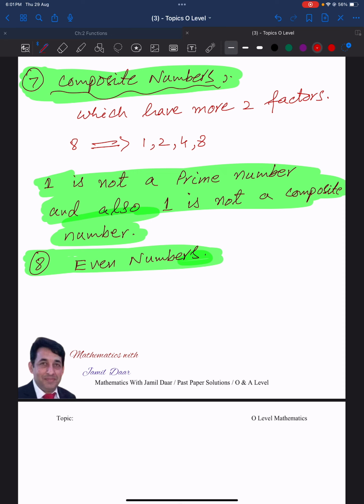Numbers which are divisible by 2, or you can say comes in the times table of 2, are called even numbers.